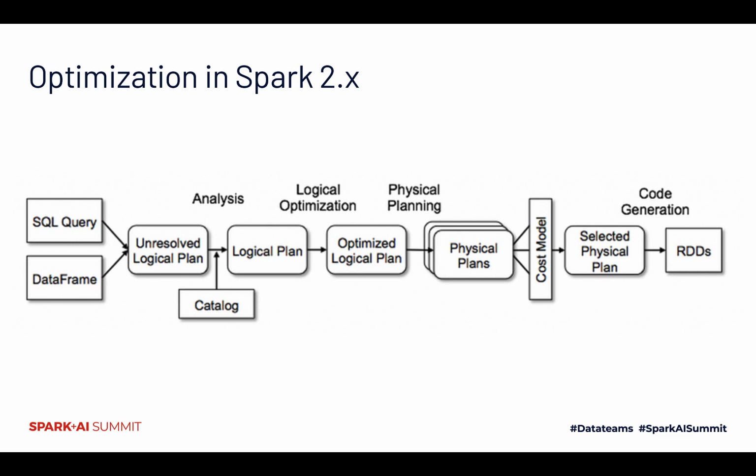Then, we can take advantage of cost-based optimization by looking at the underlying file sizes and available statistics to choose amongst many possible physical plans and join strategies. Once we've selected the best physical plan, it then gets compiled into RDDs using what's known as whole stage code generation. And this gets executed. What's missing in this picture is the ability to do any adaptiveness based on optimizations that we can identify at runtime.